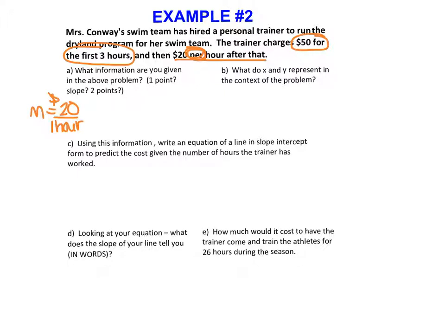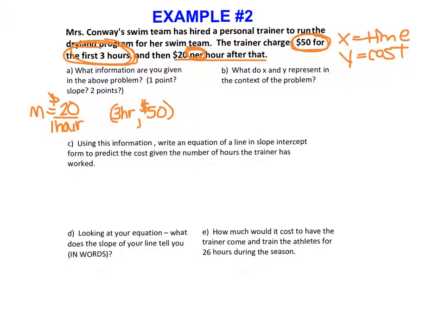And then I can also see that I have a point, and I need to decide how I want that point to be written. Remember, x is typically our time, and y is typically our cost if they are present. So in this point here, $50 for 3 hours, my time is the 3 hours, so I'm going to put 3 hours, and my cost is $50.